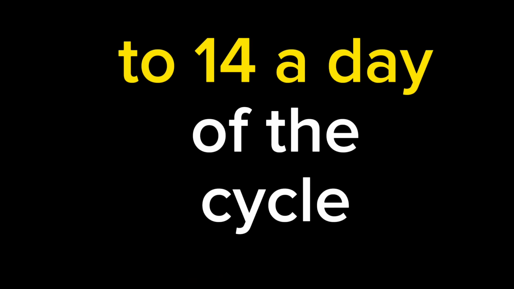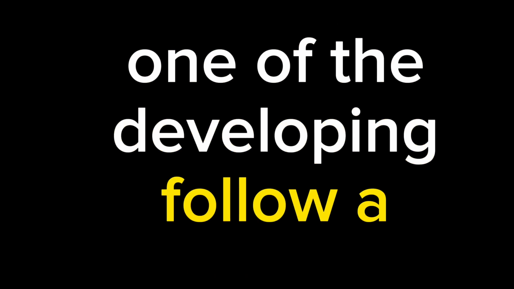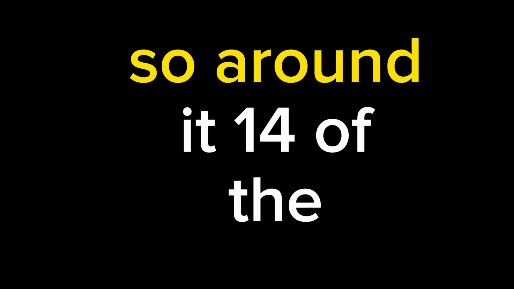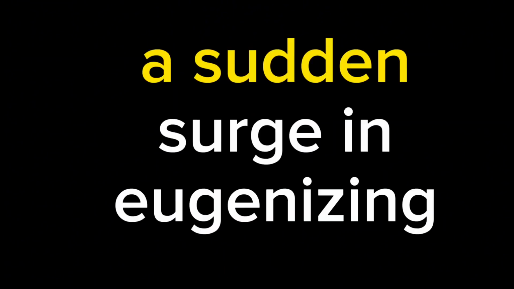During days 10 to 14 of the cycle, one of the developing follicles forms a fully mature egg. So around day 14 of the menstrual cycle, a sudden surge in luteinizing hormone causes the ovary to release this egg, and this is ovulation.